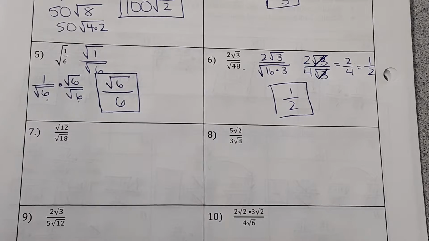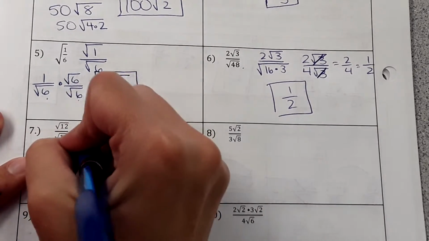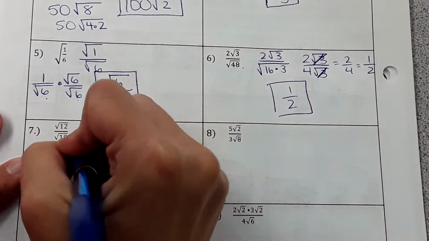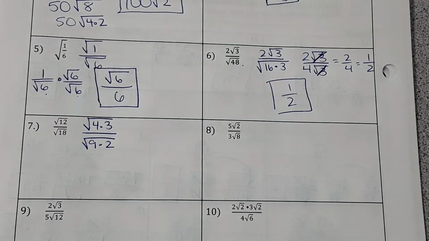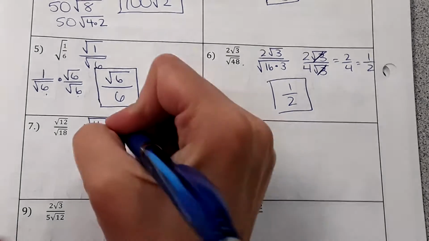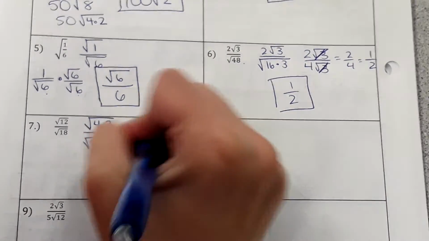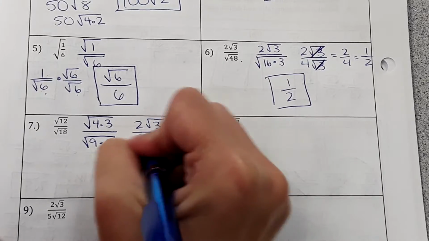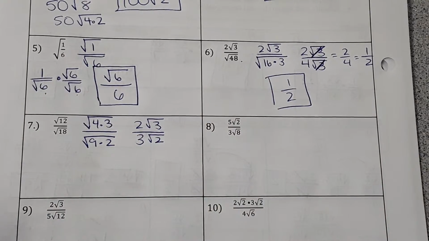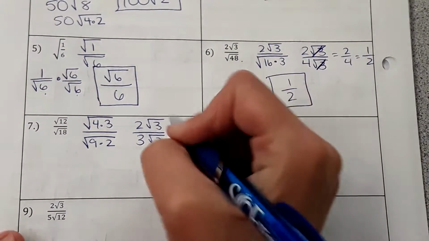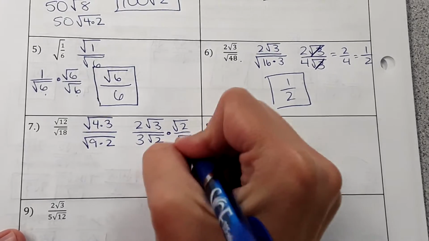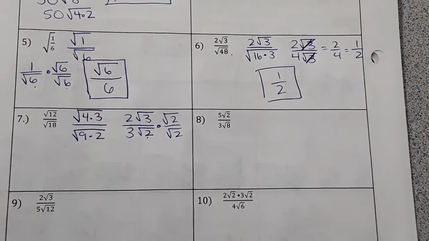Number 7, breaking up those, 4 times 3 and square root of 9 times 2. Square root of 4 is 2, so I get 2 square root of 3 and 3 square root of 2. I was hoping something would cancel, but it's not. So at this point, I'm going to multiply by square root of 2 over square root of 2 to get rid of this square root of 2 in the denominator.